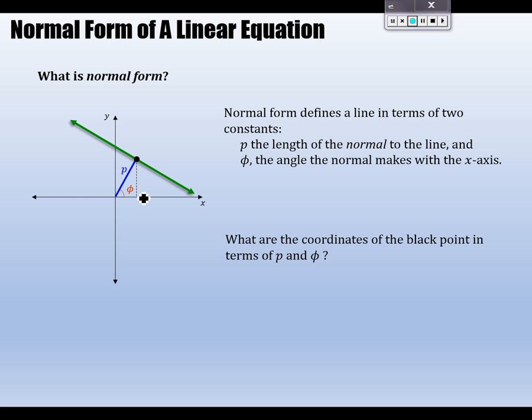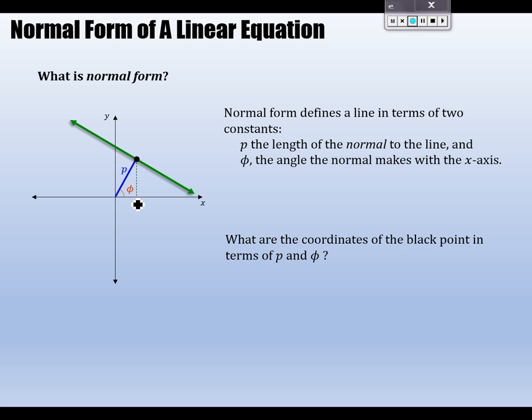All right, so what is it? Let's start with the x-coordinate. How do we come up with that? I hear you say p cosine phi. Why? Yeah, so the cosine of the angle phi is equal to x over p, isn't it? I dropped this perpendicular line to this dashed line to make sure you're seeing the triangle here.